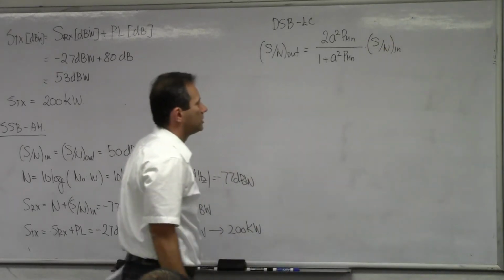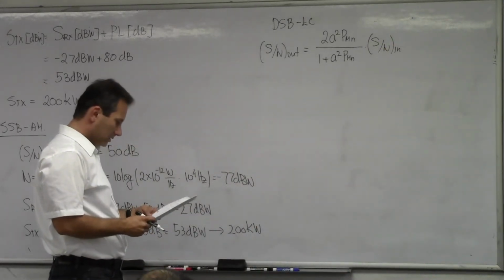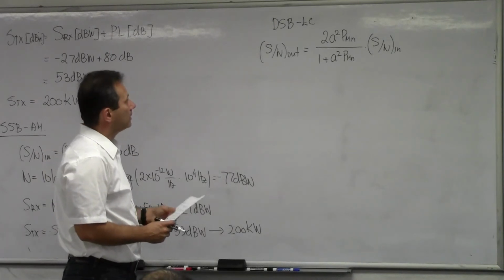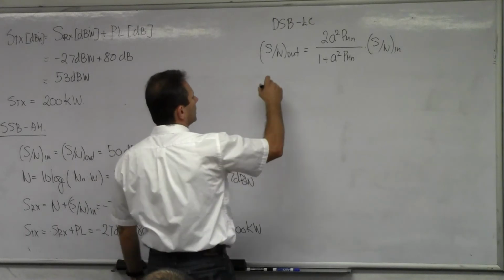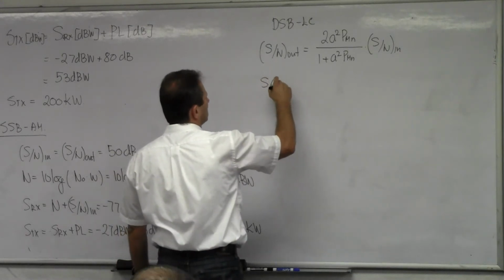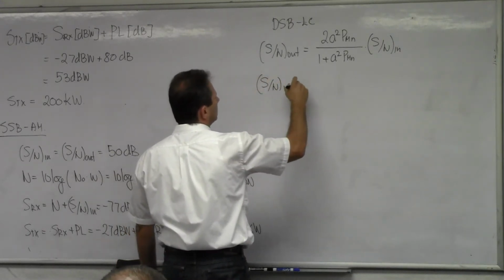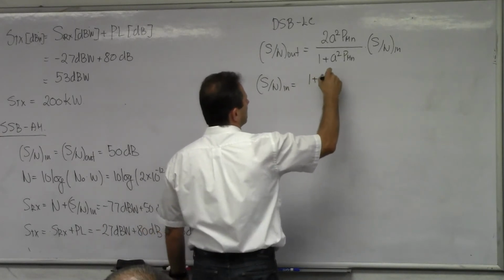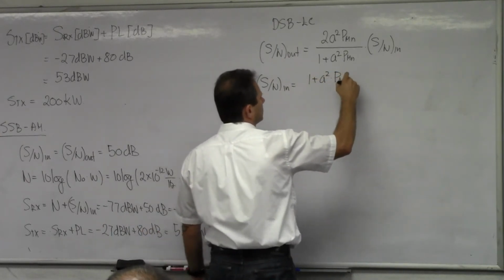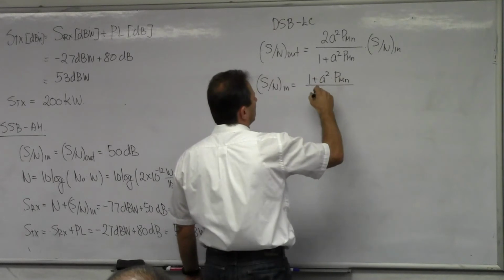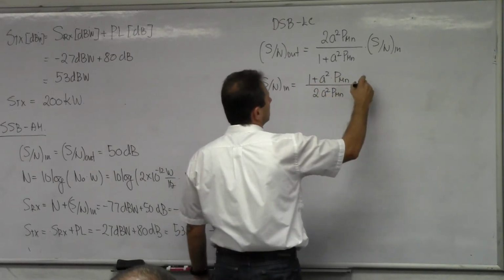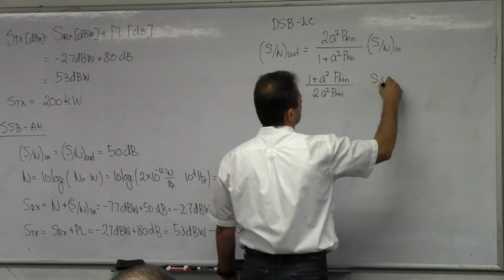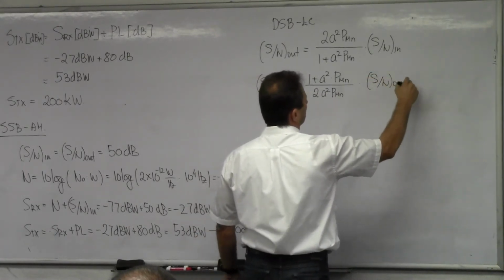Right, that's our relationship in the case of double sideband large carrier. So from here, I can calculate the signal to noise ratio at the input as 1 plus a squared power of the message normalized, divided by 2 a squared power of the message normalized, times the signal to noise ratio at the output.